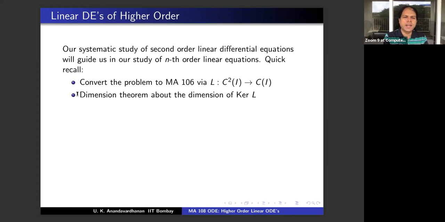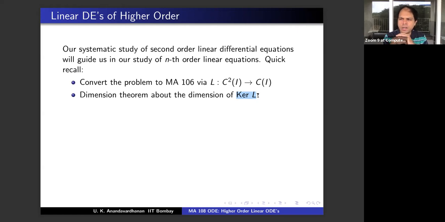Second thing was we had a dimension theorem about the dimension of the kernel of L. What was the condition on L? L was a second order differential operator in standard form whose coefficients were continuous. And what was the dimension theorem?